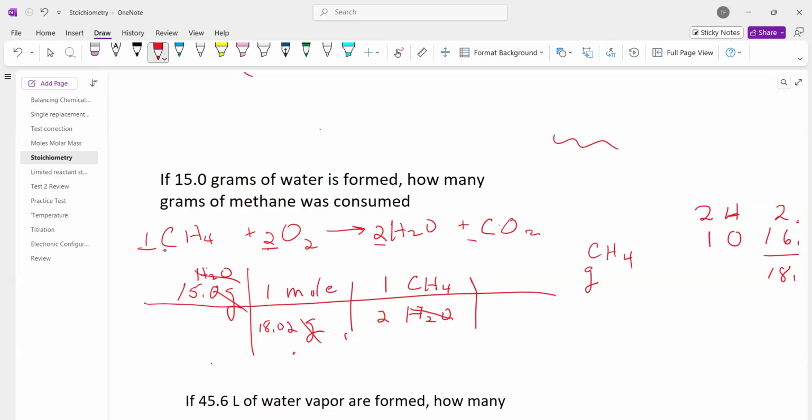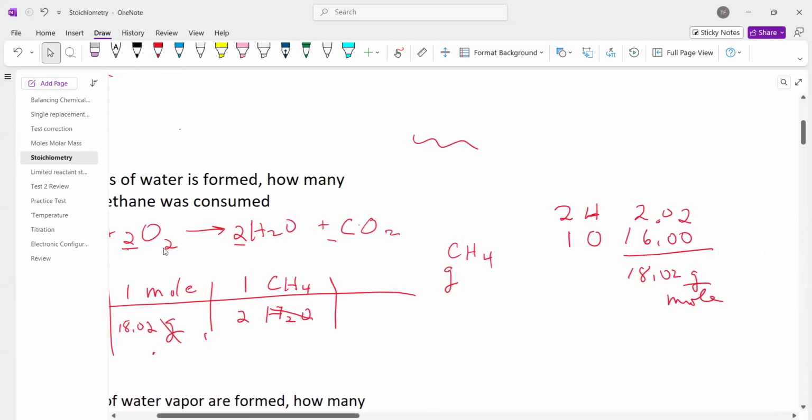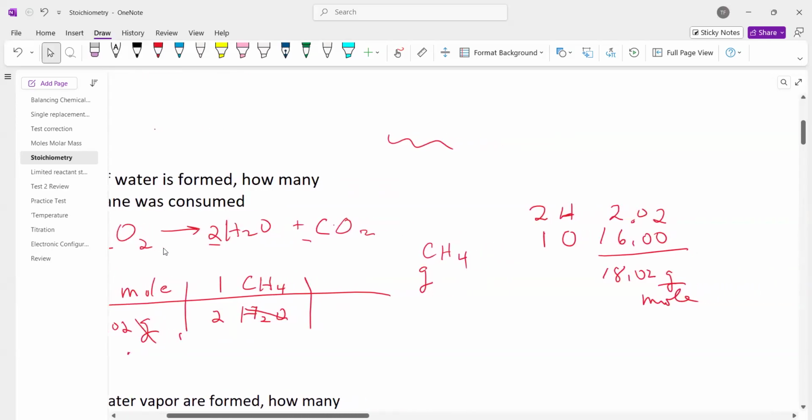Okay, so now we've got what's left here, moles of methane. So now we need to get grams of methane. So we need the molar mass again. One carbon, 4 hydrogens. Carbon is 12.01.